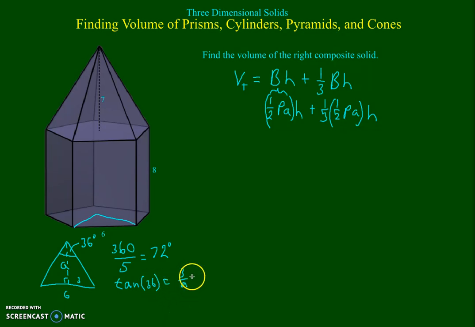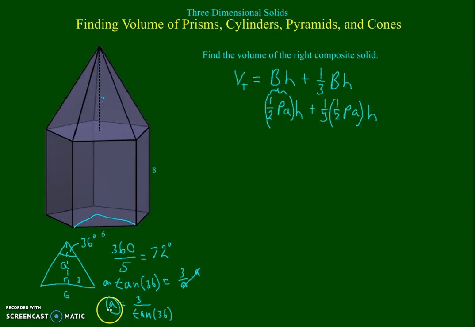Solving for apothem, multiply both sides by A. So these cancel out. A tan 36 equals 3, divide by tan 36. So apothem equals 3 divided by tangent of 36. When I get this calculation, I'm going to store it in location A. I always like to circle them.